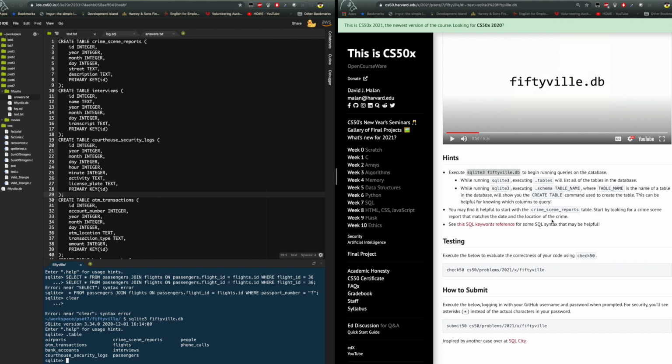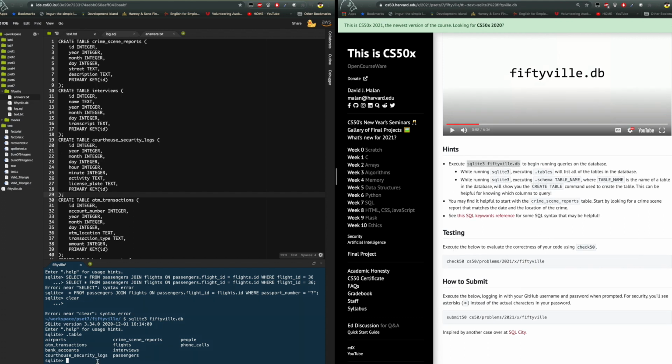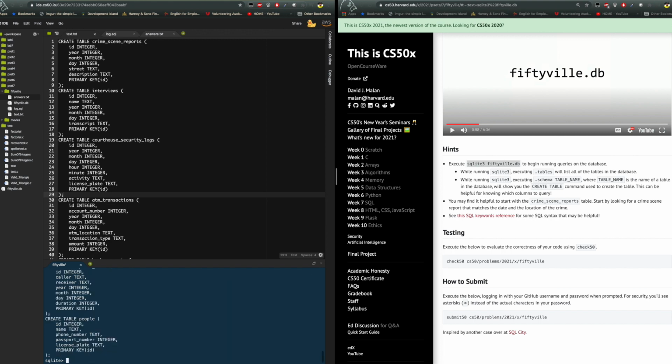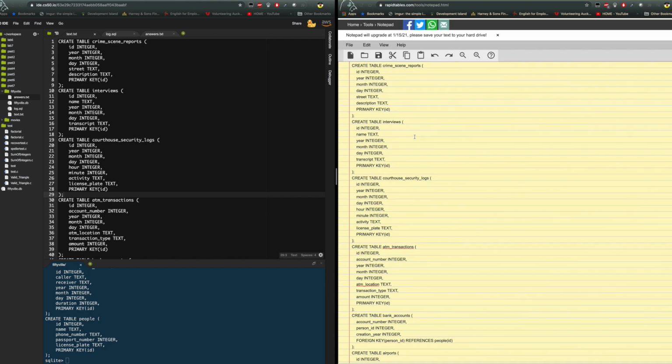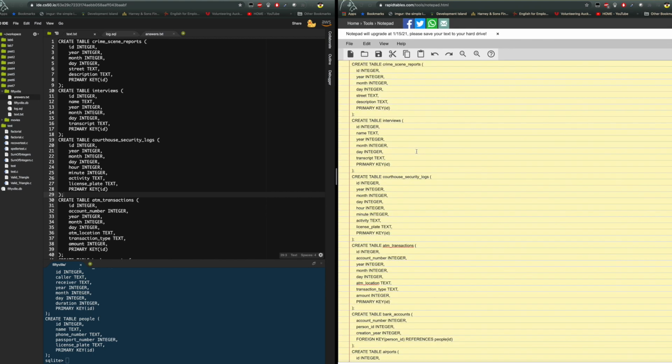Let's check what's actually inside these tables by executing the command .schema. That's what we have, and I actually put it into a separate file, as you can see here, but because we will need all the logic, I just moved it over into an online notepad to be comfortable.